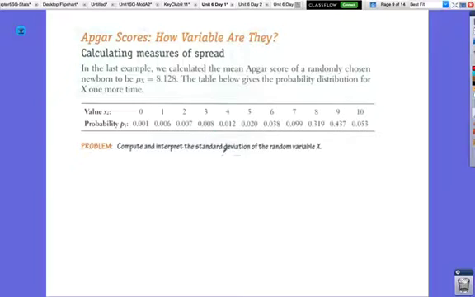So what we are going to do to find the standard deviation, this is going to look like this. And so remember that in order to find standard deviation, you are going to take the value and subtract out the mean. You're going to square that, and you're going to multiply it by the probability. So you would do that for each of these.